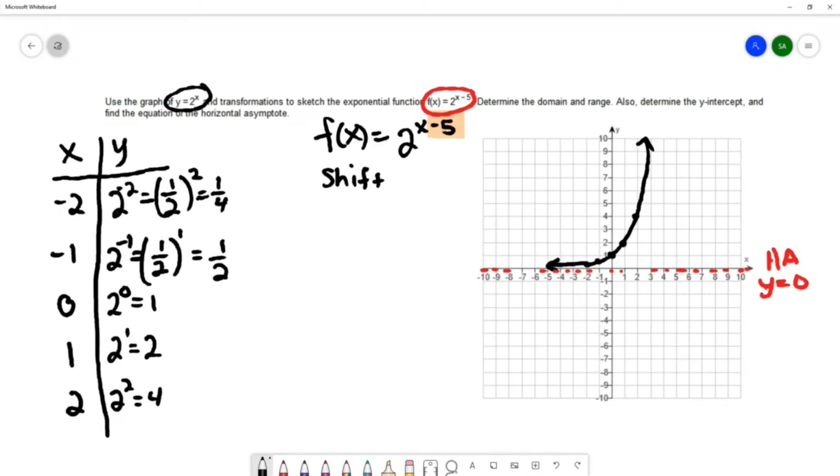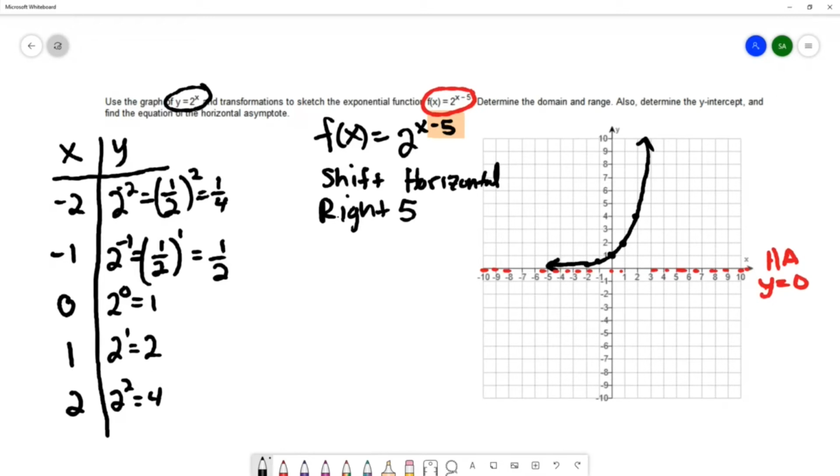And that subtraction is in the exponent, and that makes it inside of the base function. And when adding and subtracting is inside, that makes it a horizontal shift. Then we have a minus, so that means it's going to shift to the right. And we're subtracting 5, so we're going to shift right 5.